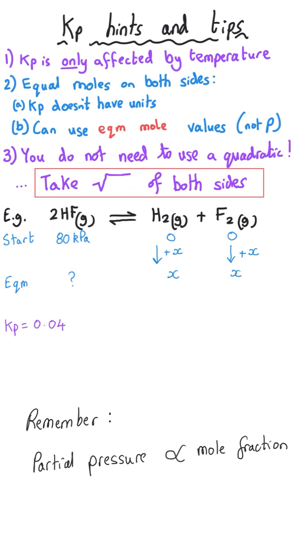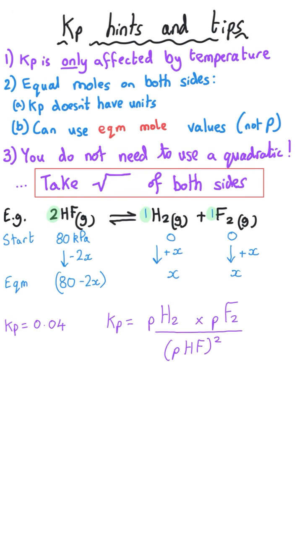And then the hydrogen fluoride remaining is going to be 80 minus 2x, because since we've got the coefficients of 2, 1, 1, that means the hydrogen fluoride will be used up at twice the rate that hydrogen and fluorine will be produced. And so then we will get an equilibrium expression that will look like this.